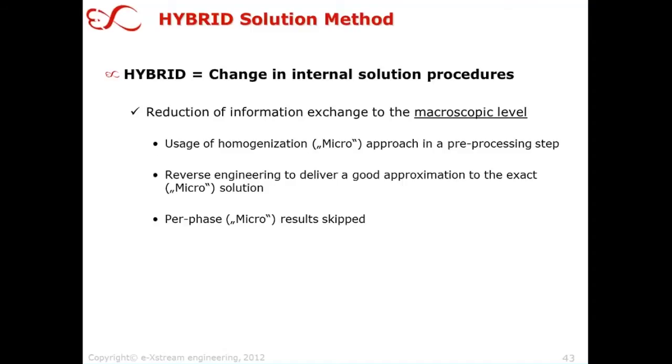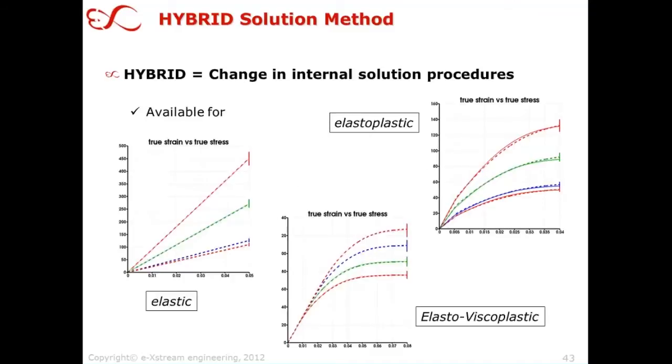So we reduce the amount of information that we exchange, and this way we speed up the CPU time of the computation. This method is available for elastic material properties, for elastoplastic material model, and elastoviscoplastic material model for now.